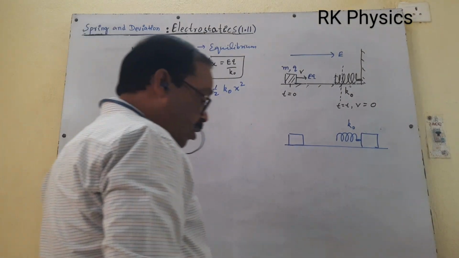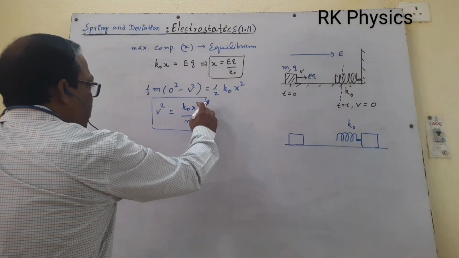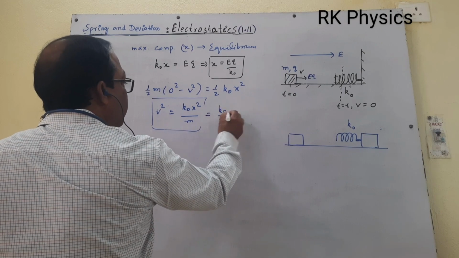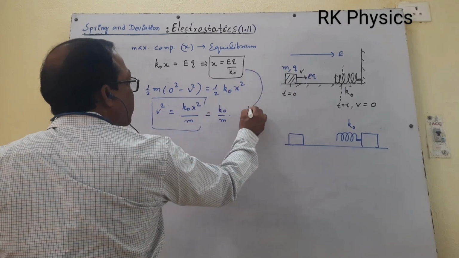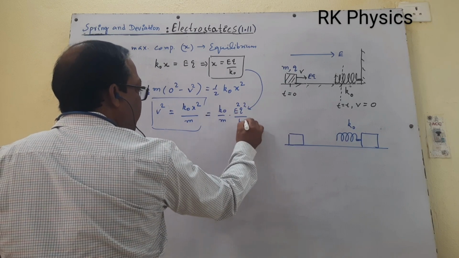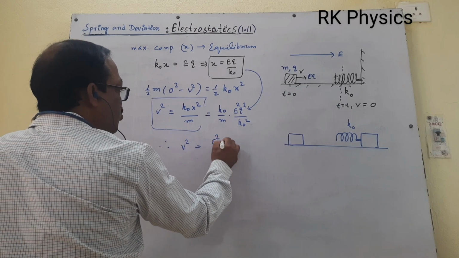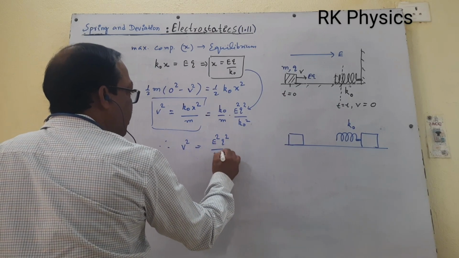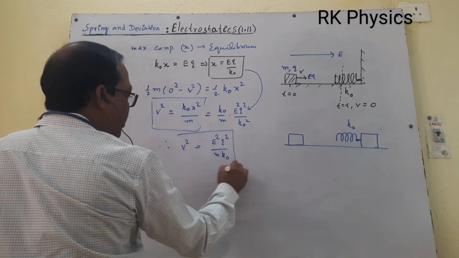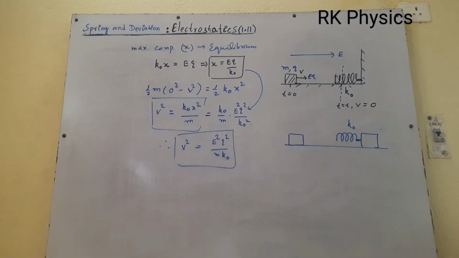Now again, what is the value of x? If you put the value of x, this is K naught by m into x square. Here x square means E square Q square divided by K naught square. Therefore v square equals E square Q square divided by m into K naught. This is in terms of the electric field.